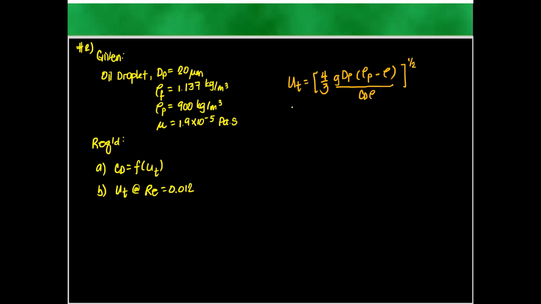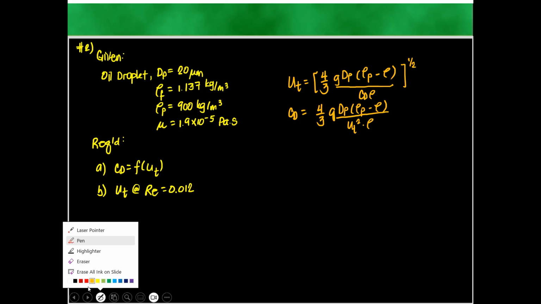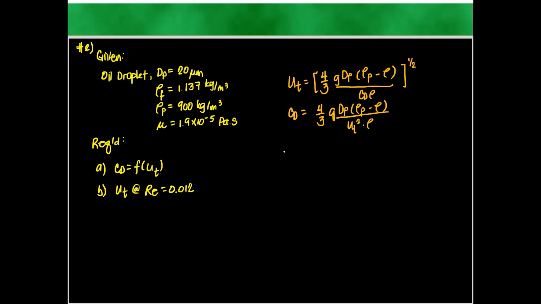So I can factor out CD to be 4/3 g dP (rho P minus rho) all over UT squared times density, right? So let's plug in everything.